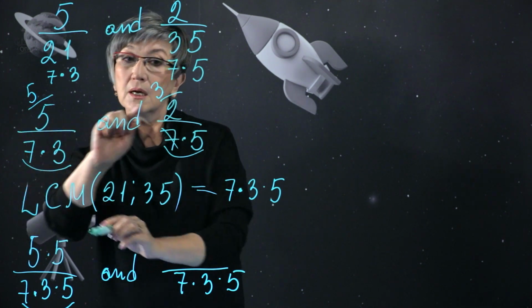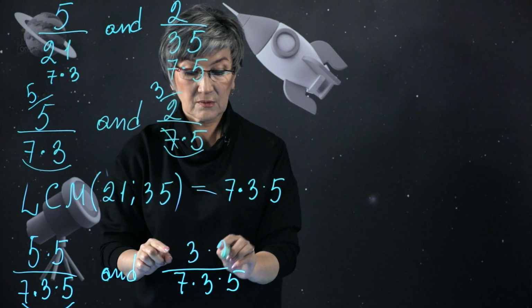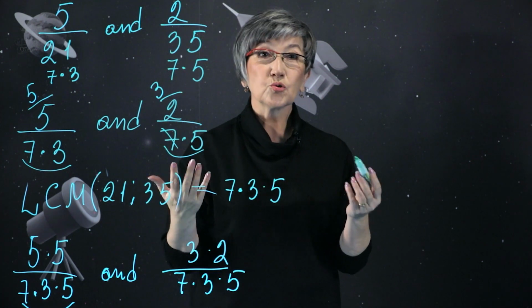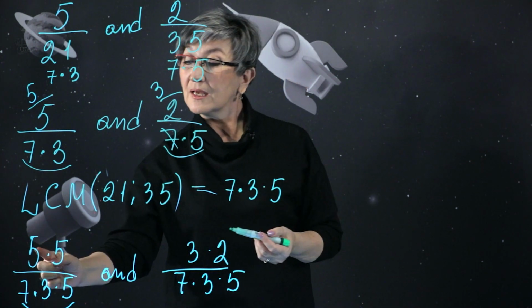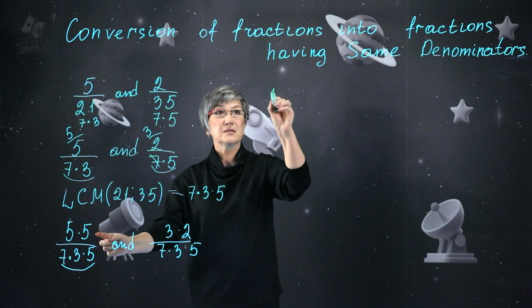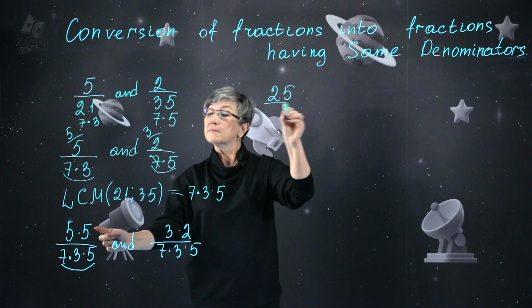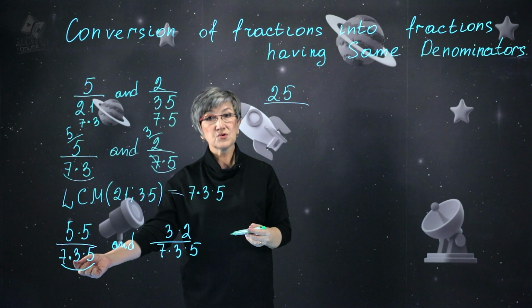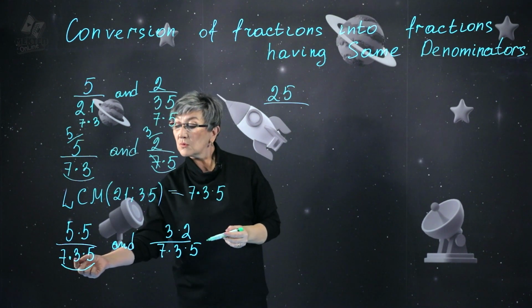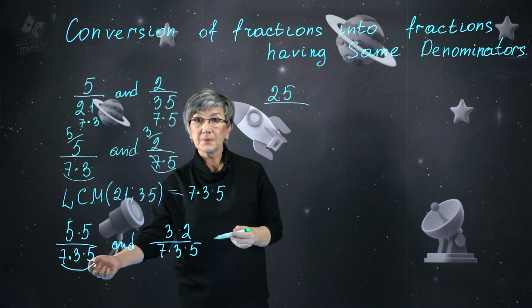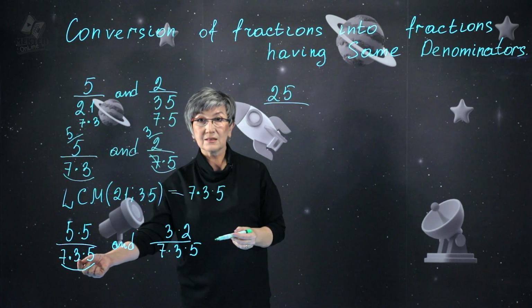In the first fraction I multiply 5 by 5, and in the second I multiply 2 by 3. Now all that's left is to calculate the result. 5 times 5 is 25. The common denominator is 7 times 3 times 5, which equals 105.